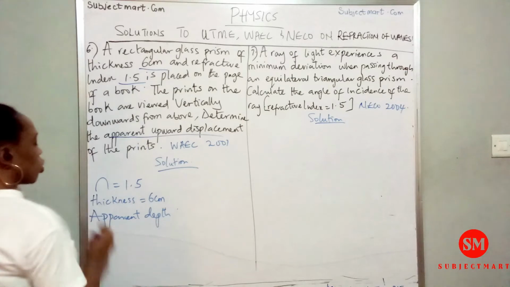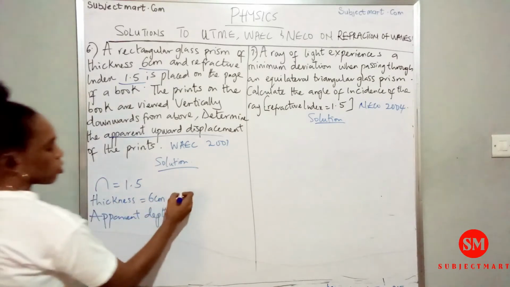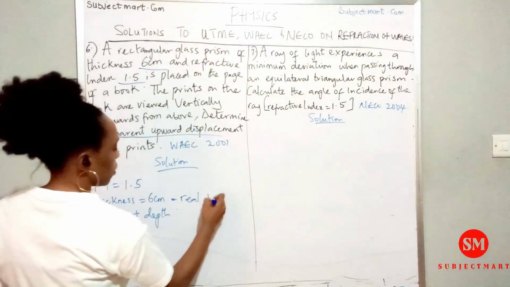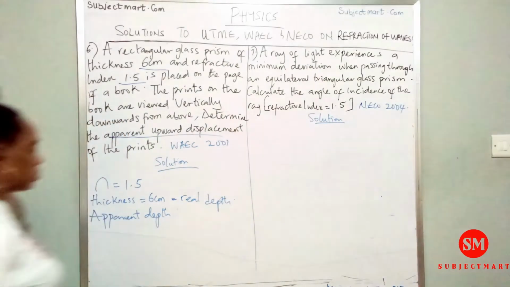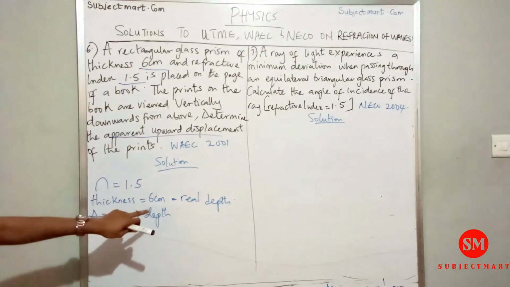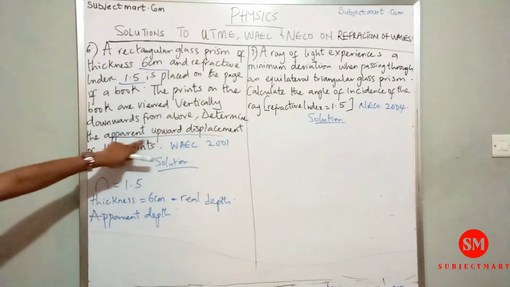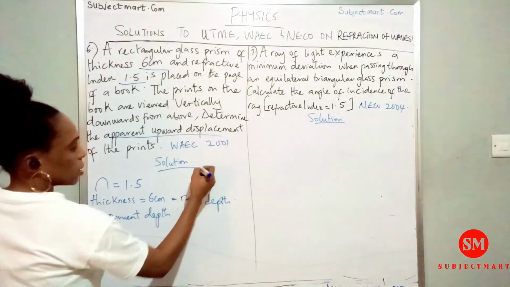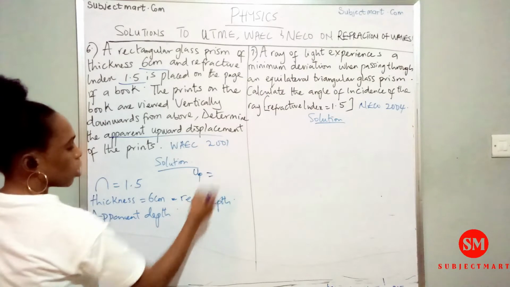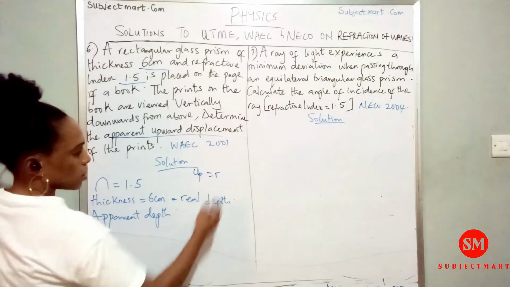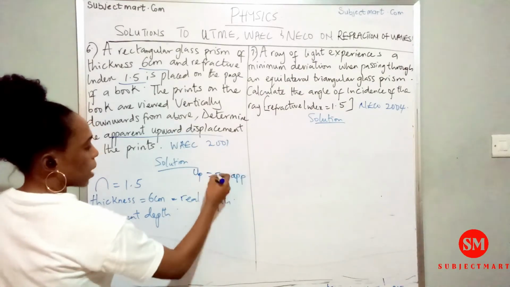We are given the thickness, which is equal to the real depth. So we need to find the apparent depth because upward displacement is equal to the real depth minus the apparent depth.